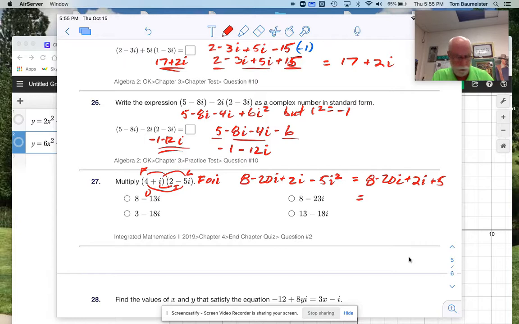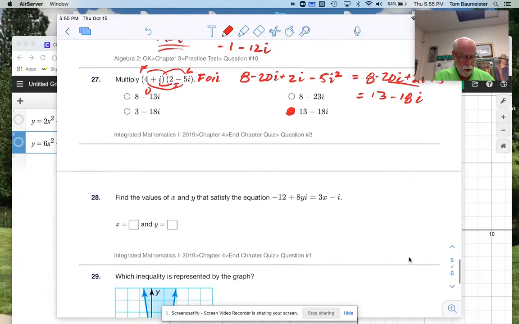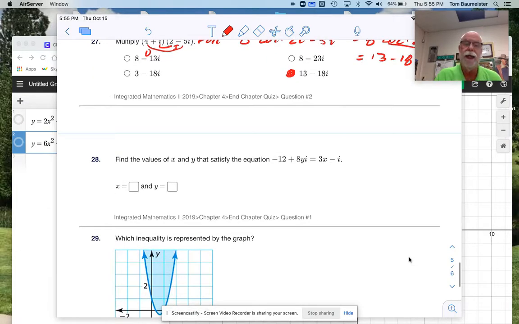So my answer will be 13 minus 18i. So that's that answer.